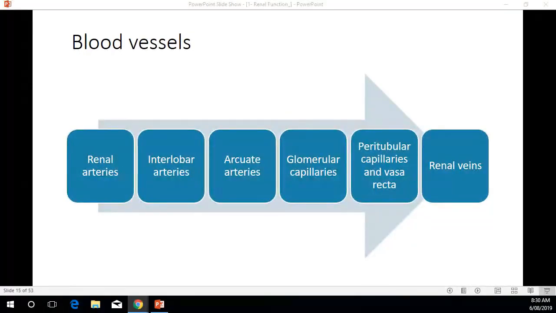If you look at the anatomy of blood vessels within the kidney, renal arteries break down into interlobar arteries. They become arcuate arteries, and then ultimately glomerular capillaries, then peritubular capillaries. Ultimately, they leave the kidney as renal veins.